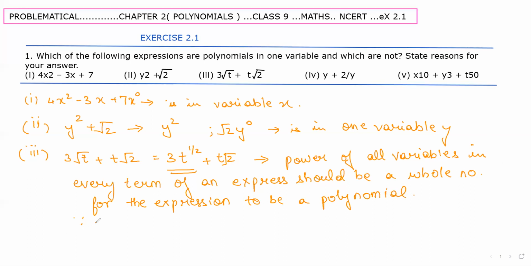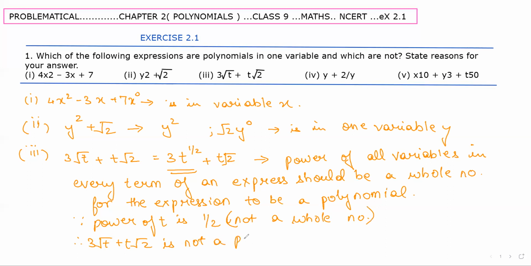Since power of t is 1 by 2, which is not a whole number, therefore 3 root t plus t into root 2 is not a polynomial. If it is not a polynomial, we further do not have to check whether it is in a single variable or not.